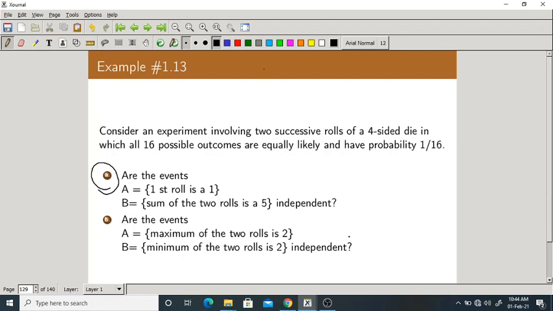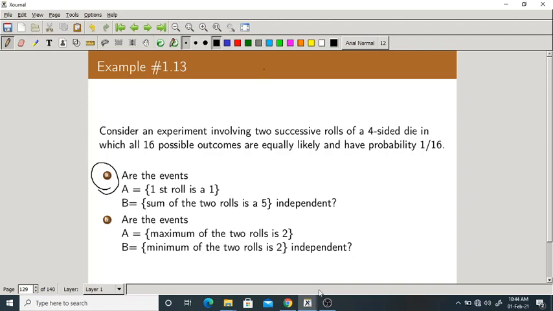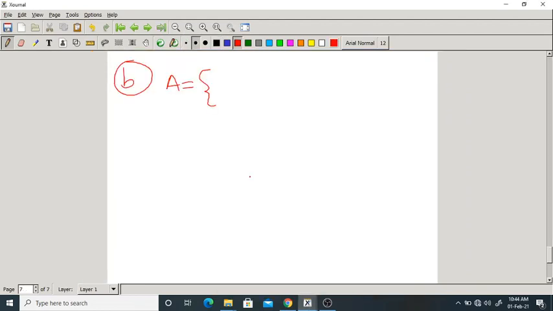So let us write the events. Event A. What is event A? Maximum of 2 rolls is 2.